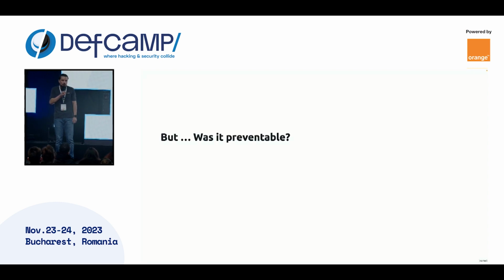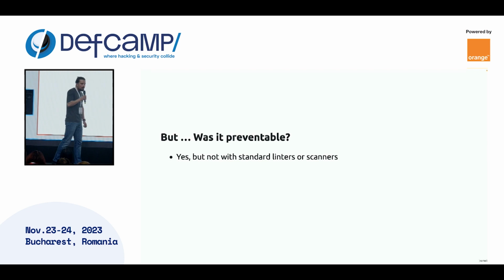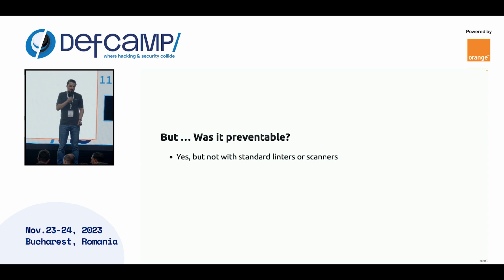The question after this short presentation of the vulnerability is, was this preventable? The answer here is yes, but not with standard linters or scanners, because they don't really know of the existence of that rcube_exec function that will execute the arbitrary command sent by the attacker.